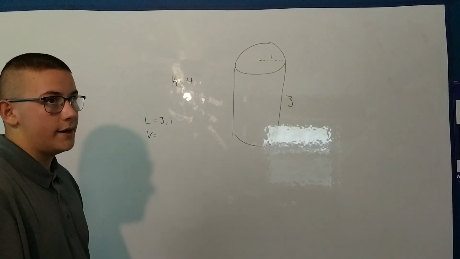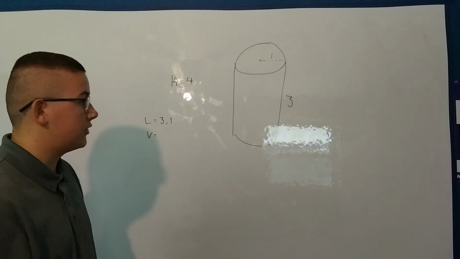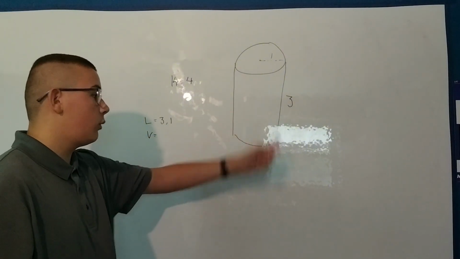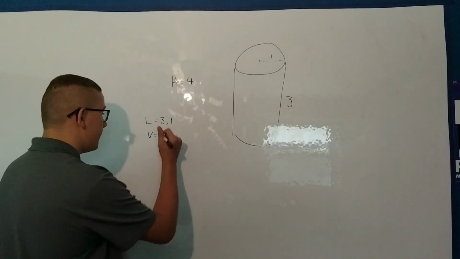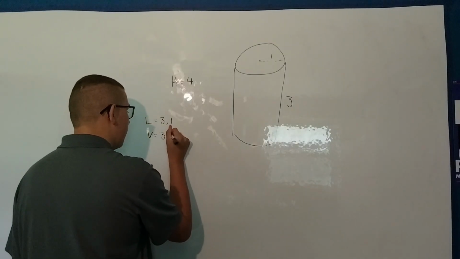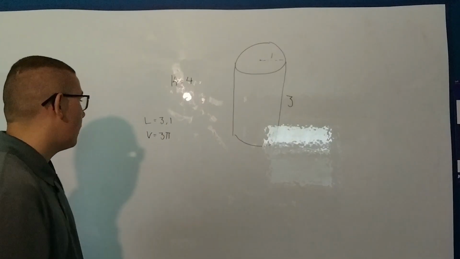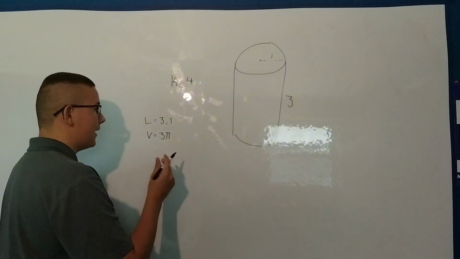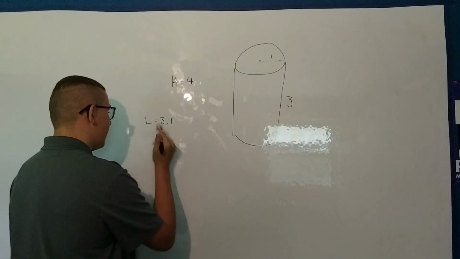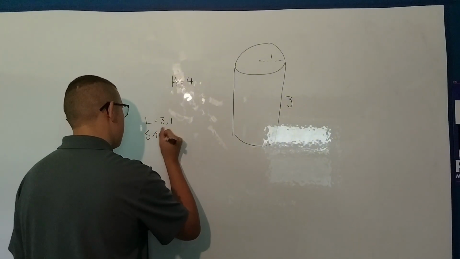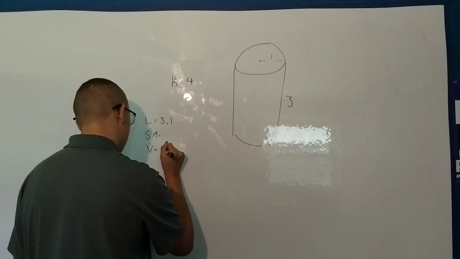So pi times 1 squared is just pi. So we do pi times 3, our height, and we get 3 pi. Our volume is 3 pi. And I forgot surface area. I apologize.